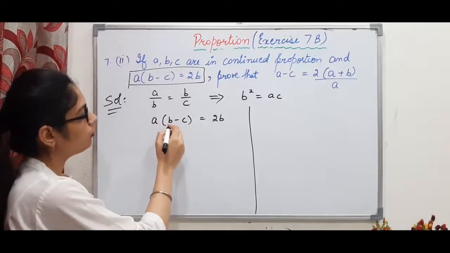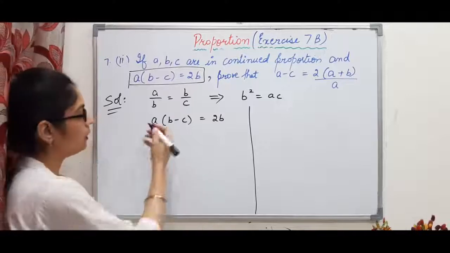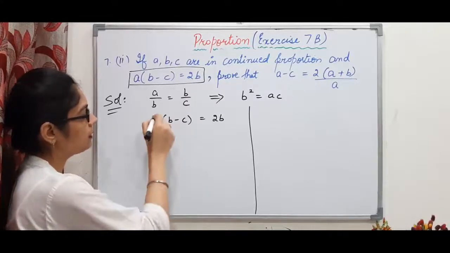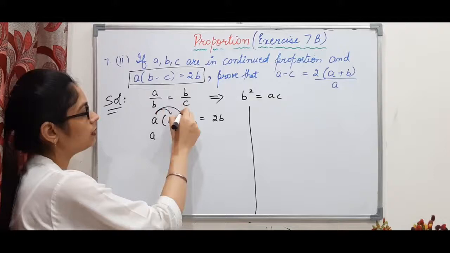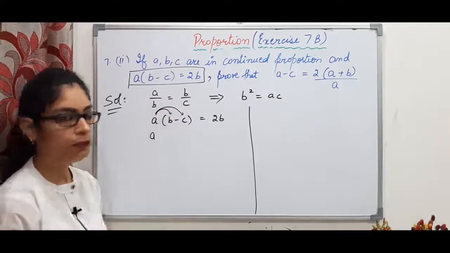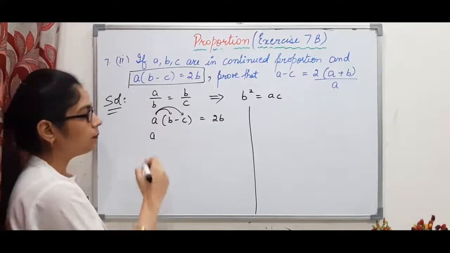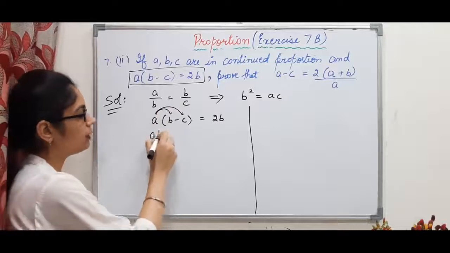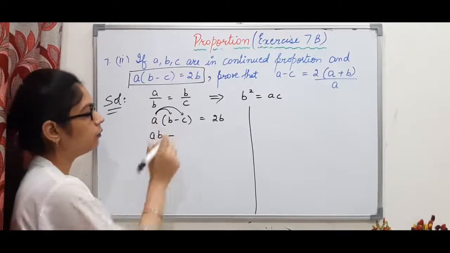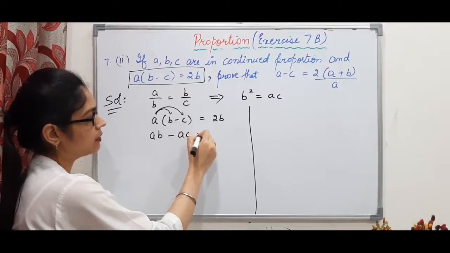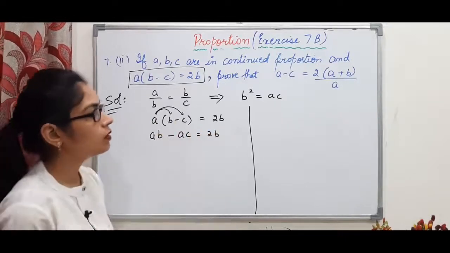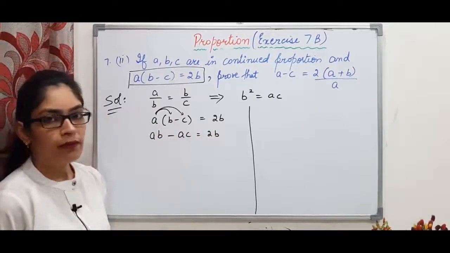Now a into (b minus c). Let's multiply the brackets. When a number is written outside the bracket, we have to multiply it with all the terms inside the bracket. So a into b is ab, minus a into c is ac, is equal to 2b. Why are we doing this?